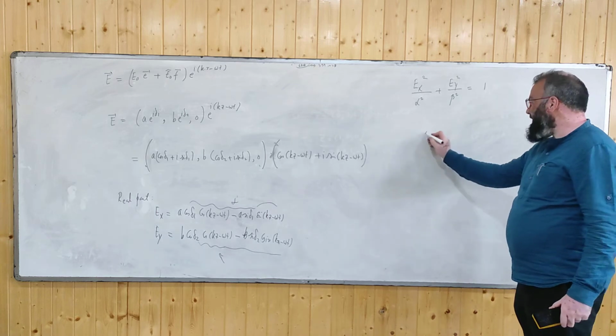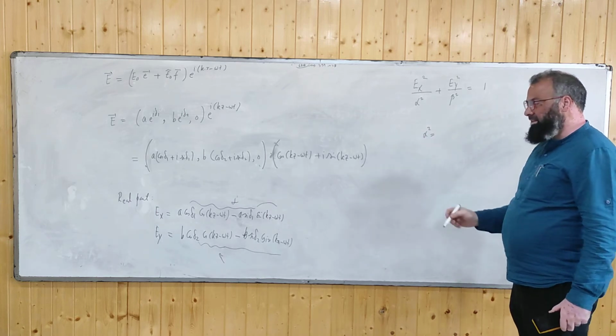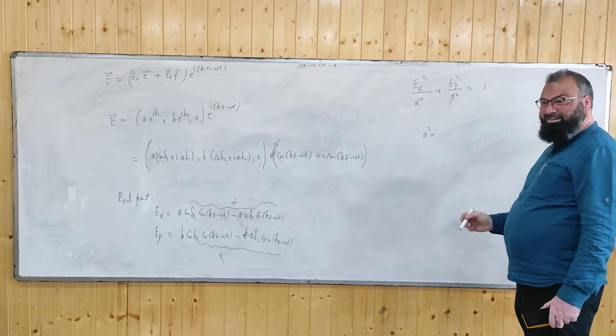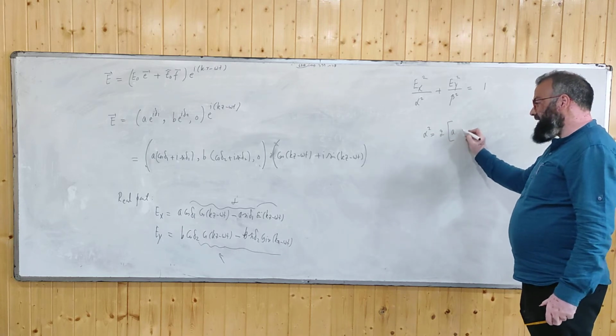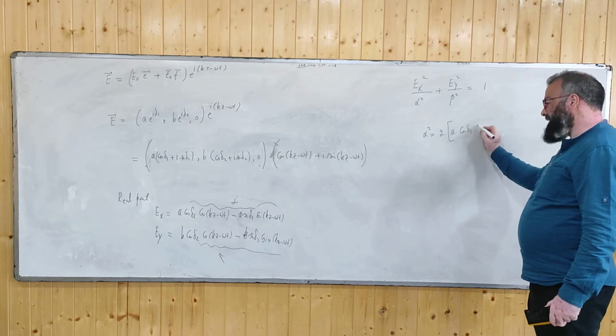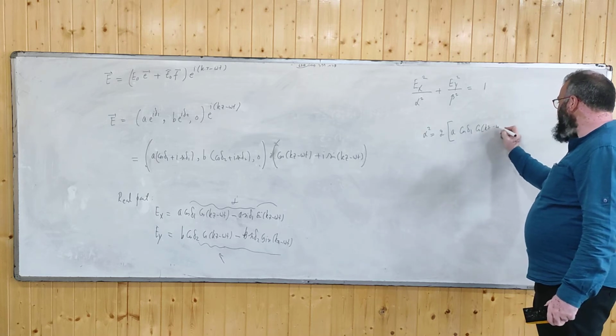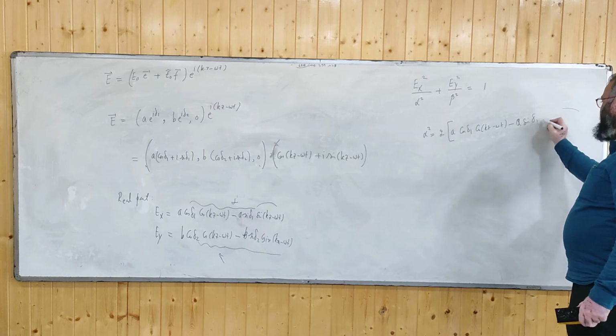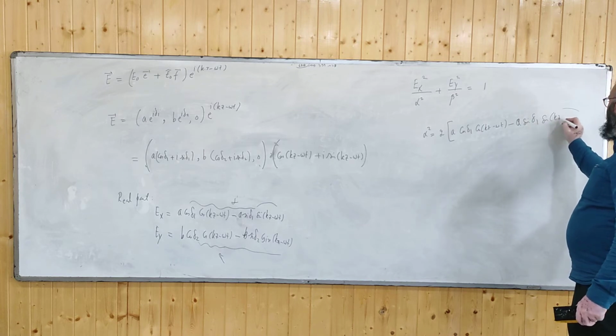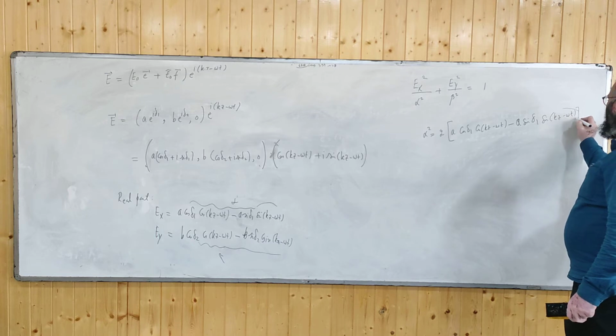Now tell me, what is this alpha square? It will be twice A cosine of delta 1 cosine of Kz minus omega t minus A sine of delta 1 sine of Kz minus omega t, whole square, is it?